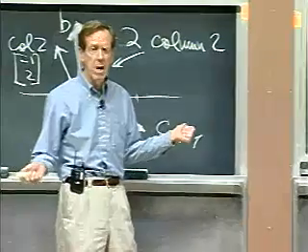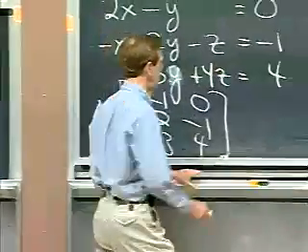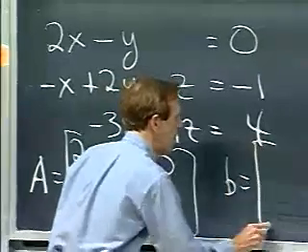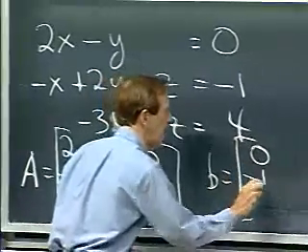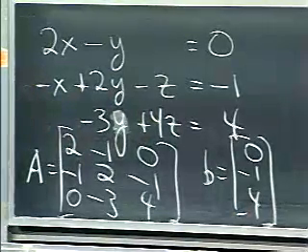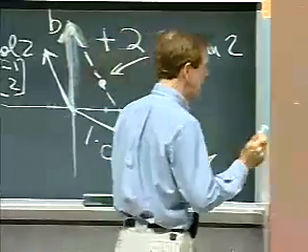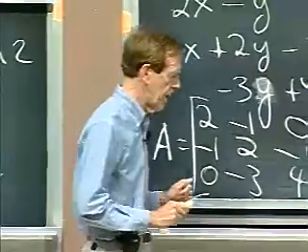So it's a 3 by 3 matrix. 3 equations, 3 unknowns. And what's our right-hand side? Of course, it's the vector 0, minus 1, 4. Okay. So that's the shorthand to write out the 3 equations. But it's the picture that I'm looking for today.